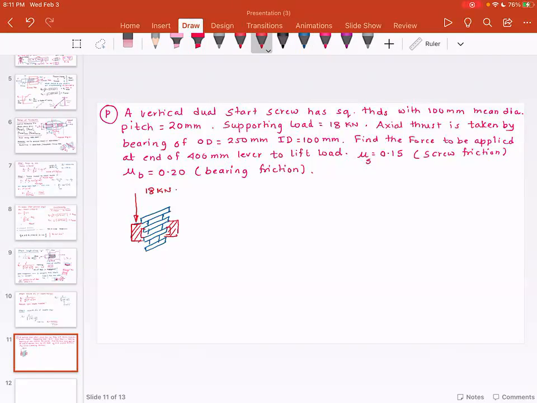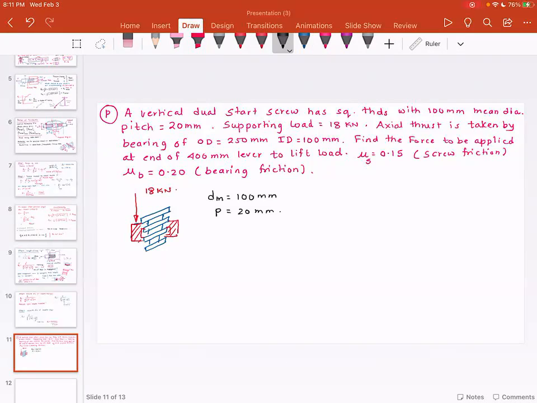The good news is the dimensions are given to us. So the mean diameter dm is 100 millimeters, pitch is 20 millimeters.